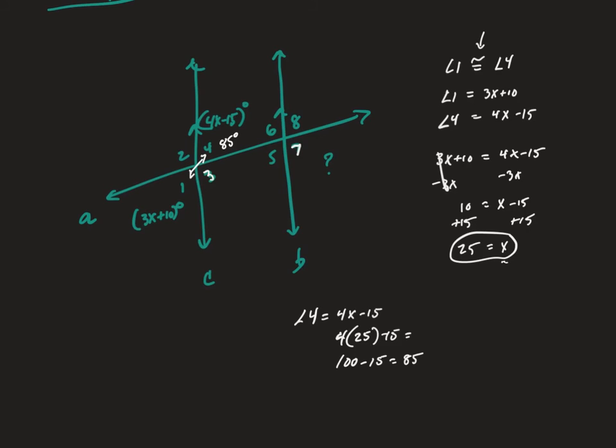And if angle 1 is 85 degrees, that makes angle 3 95 degrees, and then correspondingly angle 7 would be 95 degrees because of corresponding angles. So that's just using the information they've given me, deductive reasoning, to figure out everything else.